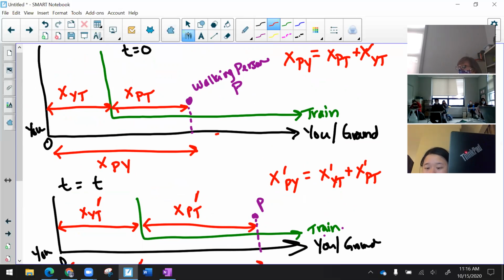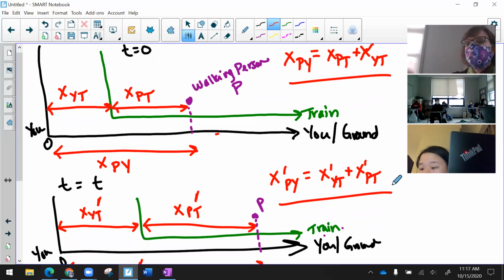So let's pretend for a moment that everybody's moving at a constant speed. Okay, not the same speed. We're always going to assume that the train moves at a constant speed. But let's just hope for a minute that the person is walking at a constant speed. So I'm going to take these two equations and subtract this one from this one.